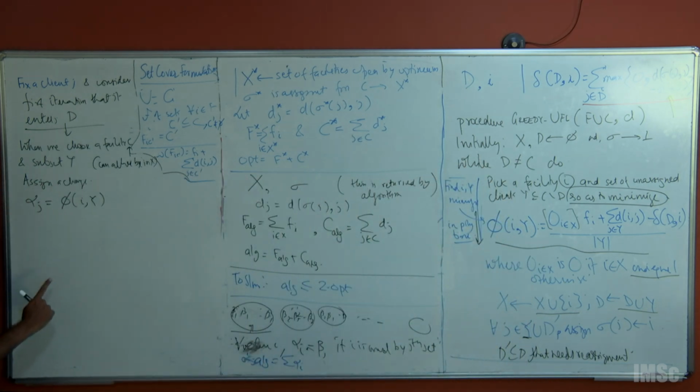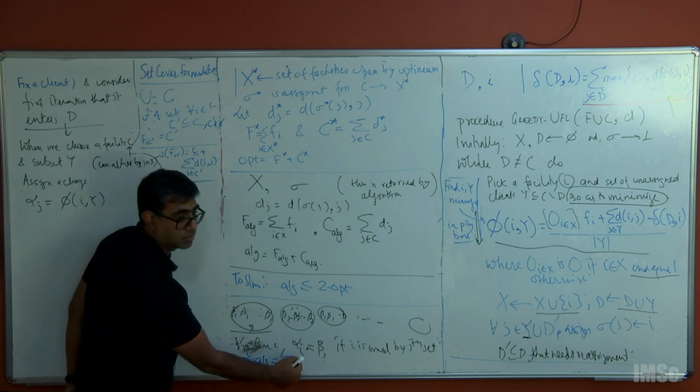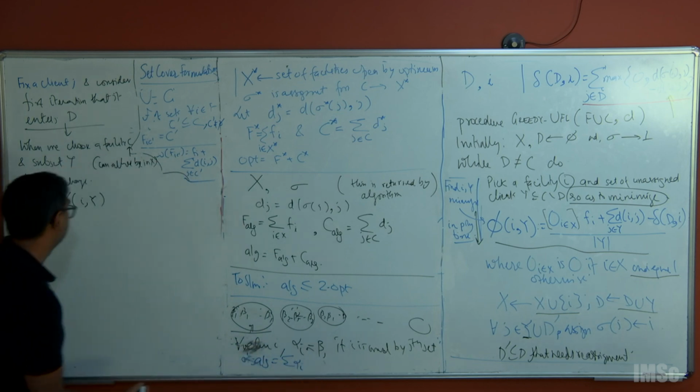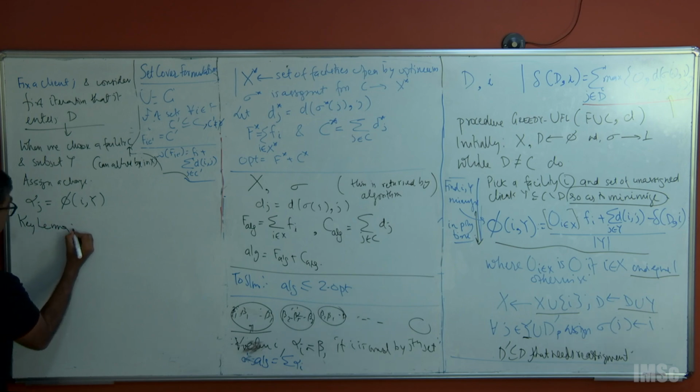Notice j can be reassigned to a different facility later, but we will not modify this alpha j. You understand? Okay. So whatever the algorithm returns is the summation of charges, right? So this is a very static definition. The first time you enter, whatever you paid is your payment.